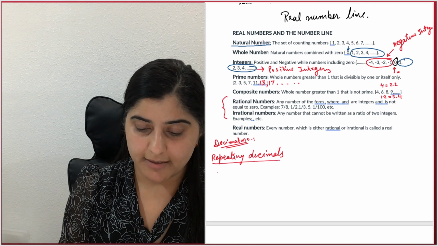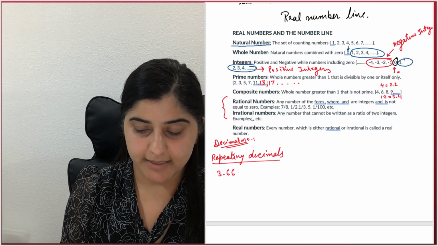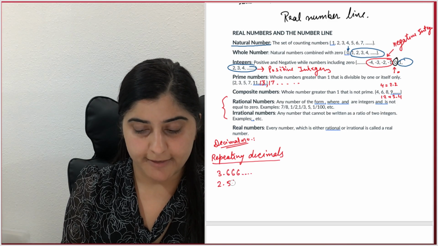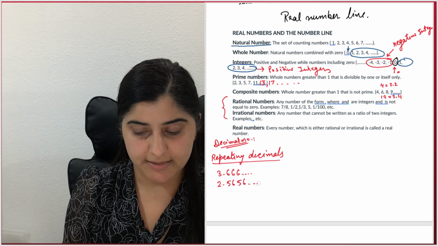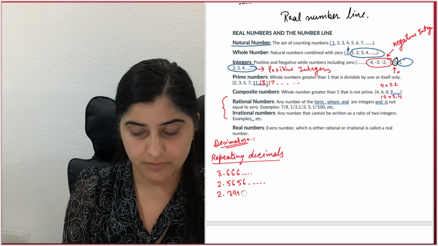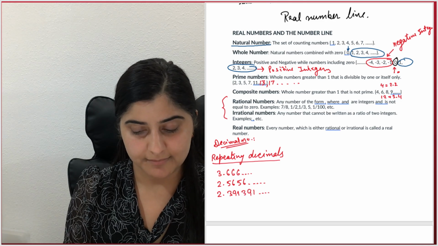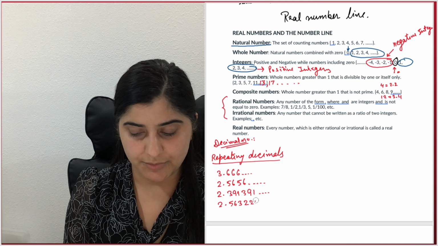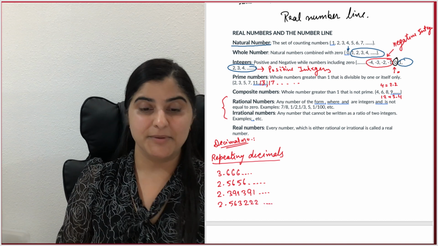So something like 3.66666, 2.5656, 2.391391, 2.563222. All these are repeating decimals.